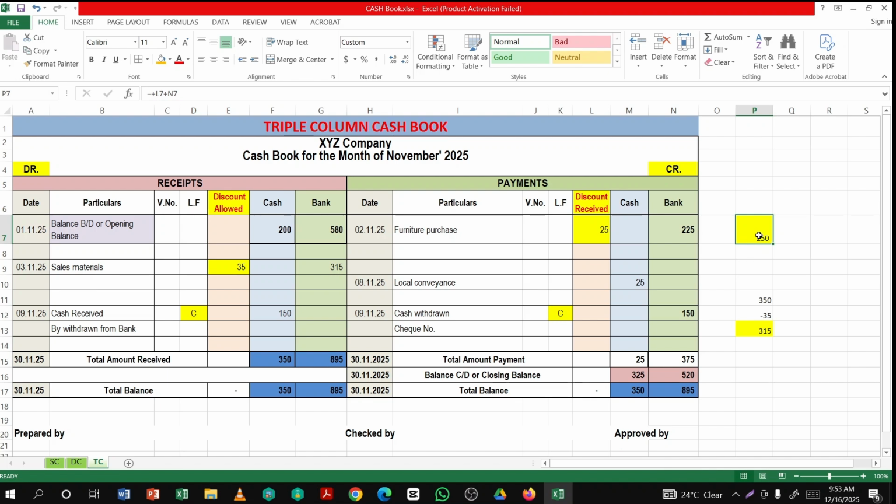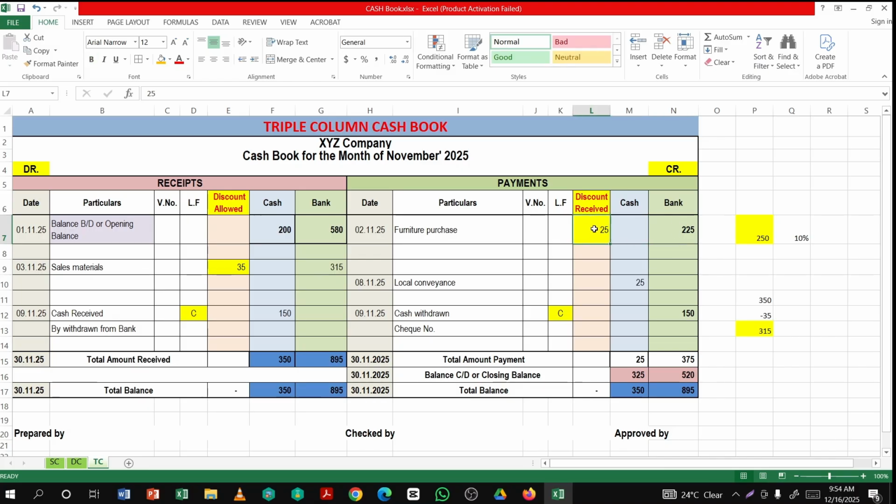Supplier gives me 10% discount on this amount. That's why we receive 10% discount, 25 amount from 250, and payment made to supplier 225 amount.